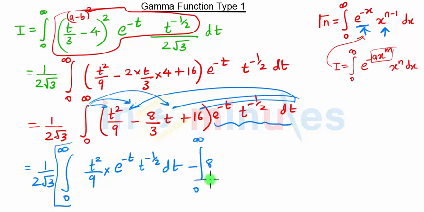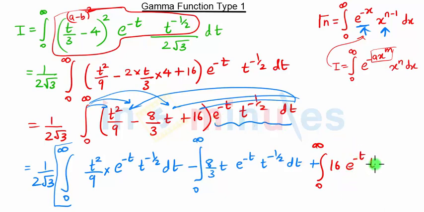Minus integration from 0 to infinity of 8 upon 3 into t into this whole term, which is e raised to minus t, t raised to minus half dt. Then we have plus integration from 0 to infinity of 16 into this term, which is e raised to minus t, t raised to minus half dt, the whole bracket, and outside we have this term.